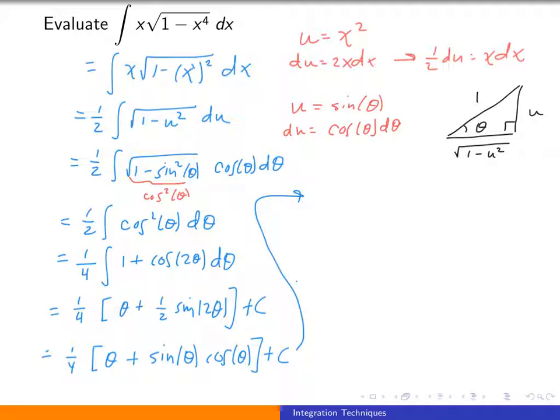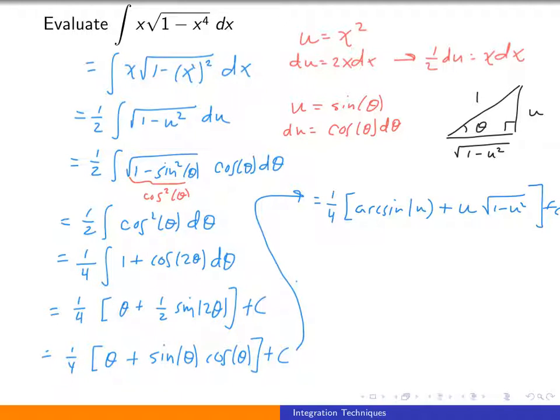So putting this all together, we have the 1/4 hanging around out front. If sine of theta is u, that means theta is arc sine of u. Plus, we have sine theta, which is u, cosine theta, square root of 1 minus u squared, and then this is all plus c.